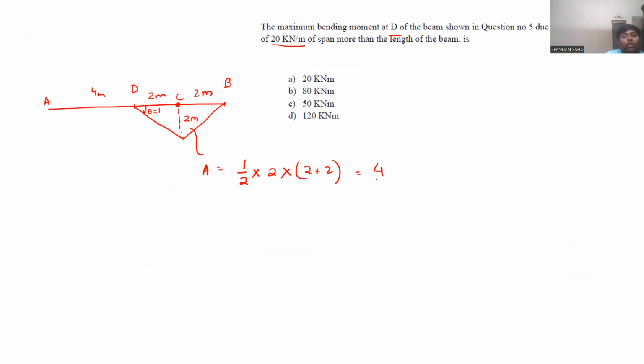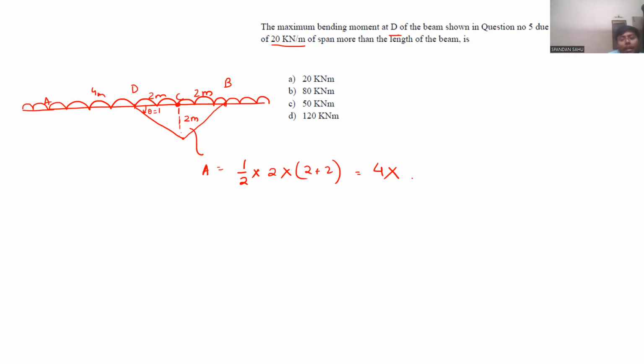So it is 4, into 20 kilonewton per meter, having a span length greater than the span of the beam. So directly superimpose it throughout the beam. There might be a case where it is increasing on this side or this side, but we don't know. Just take the maximum length equal to the span length and put it above the beam.